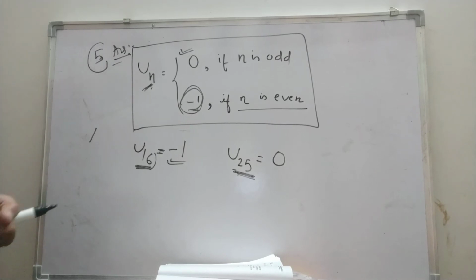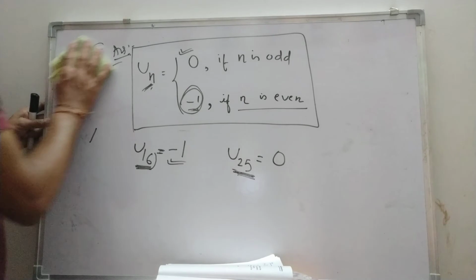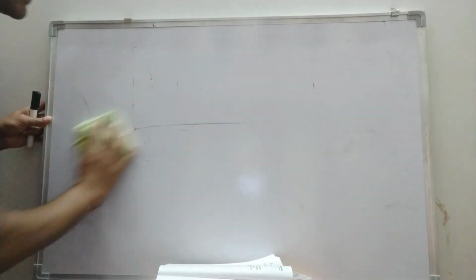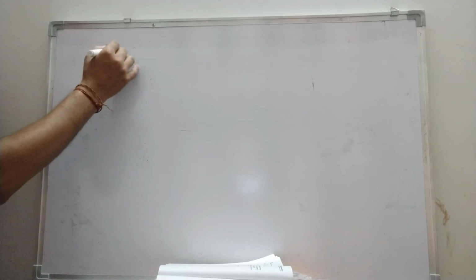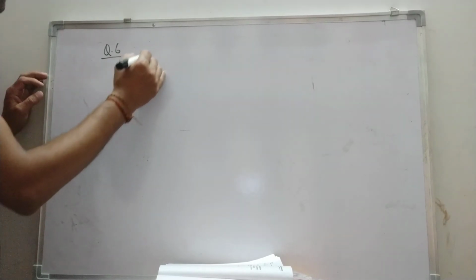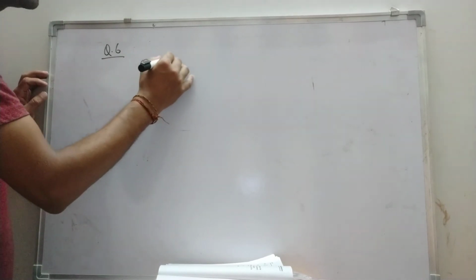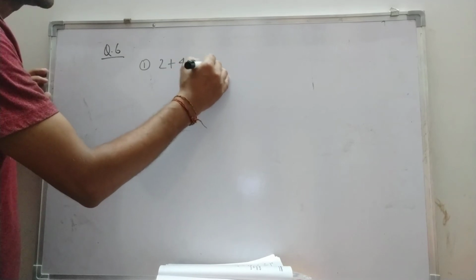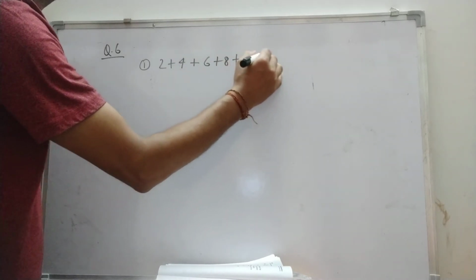So I hope, students, you have understood this particular question, question number 5. Now we will move to question number 6. Let us see what question number 6 says. It says: express using the symbol sigma, 2 plus 4 plus 6 plus 8 plus 10 plus 12.